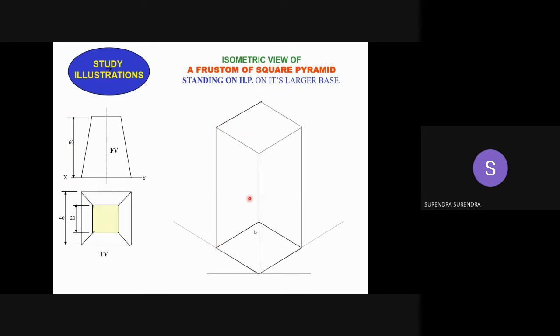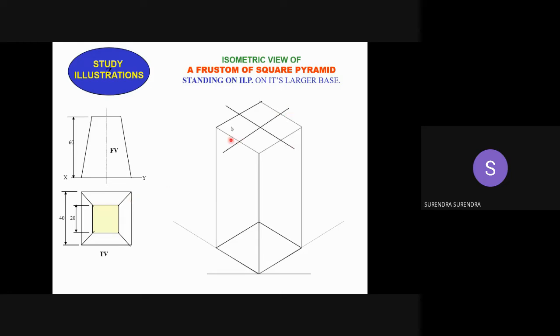So after extending up to the height, the inner square is of dimension 20. The actual outer one is 40. So with this reference, we have to draw the inner square with the 20 mm dimensions.